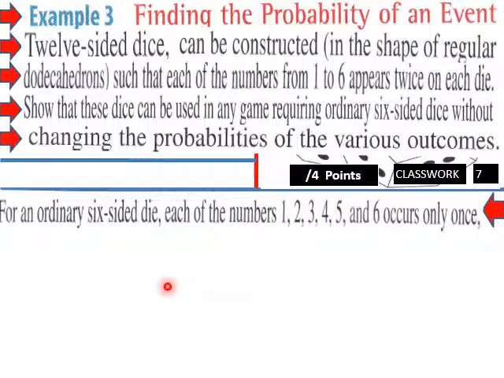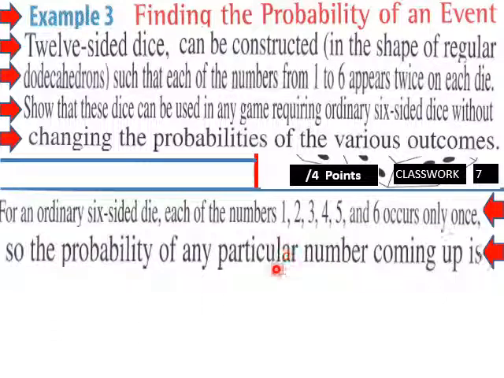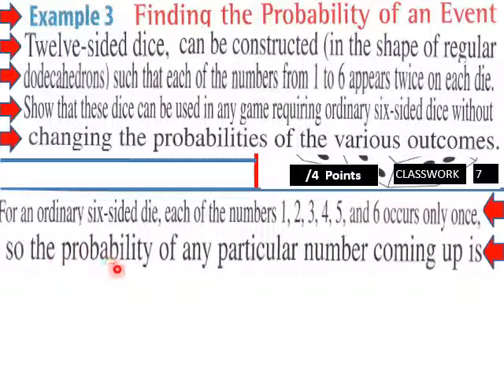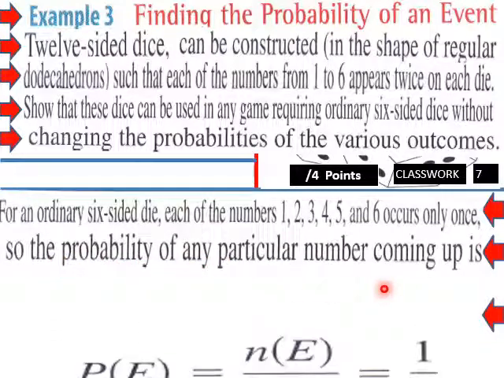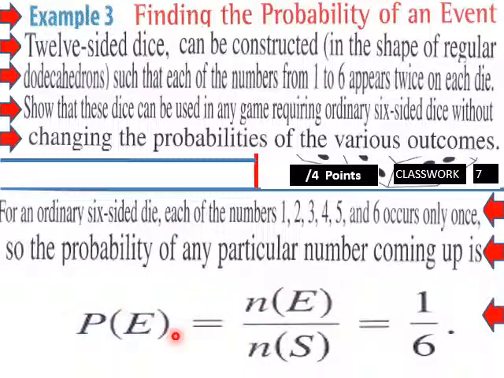Well, for an ordinary 6-sided die, each of the numbers 1, 2, 3, 4, 5, and 6 occurs only once. So the probability of any particular number coming up is 1 out of 6. For a 1 to turn up, it'd be 1 out of 6.